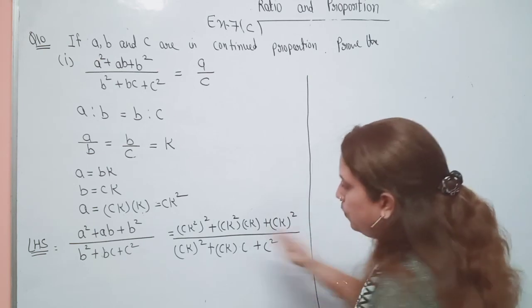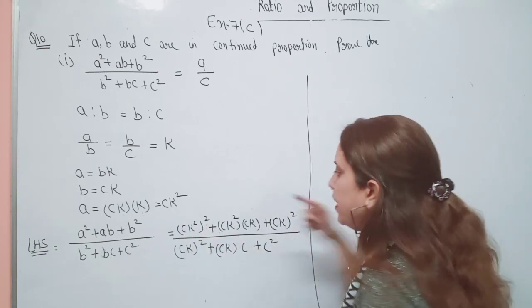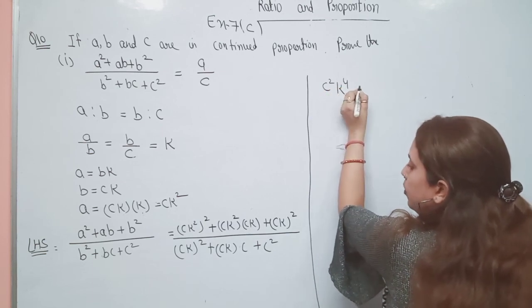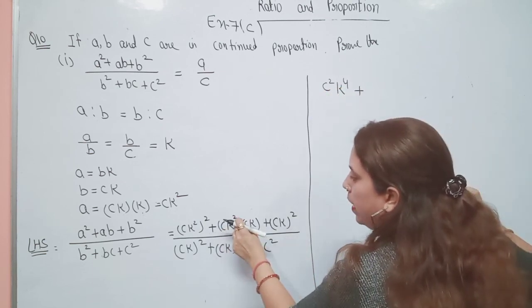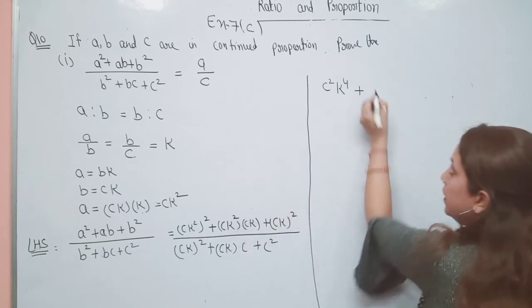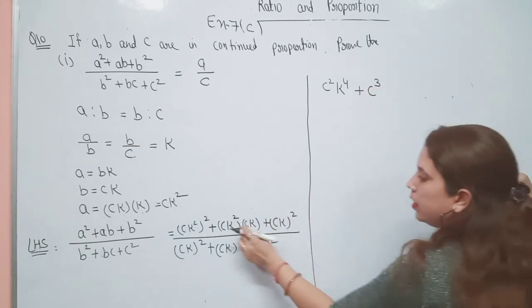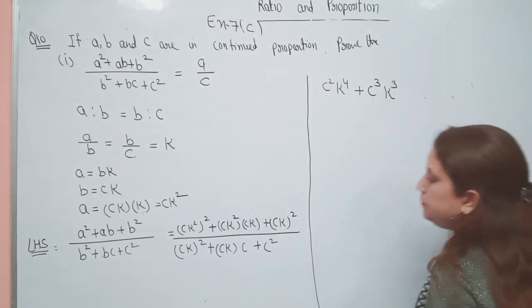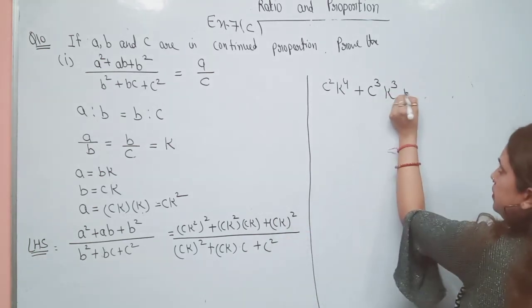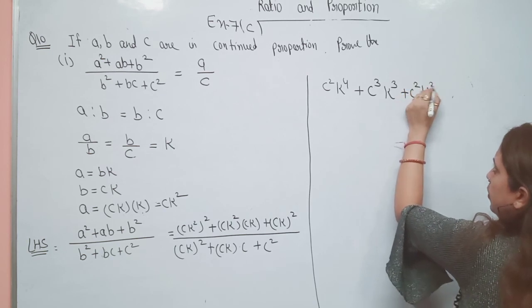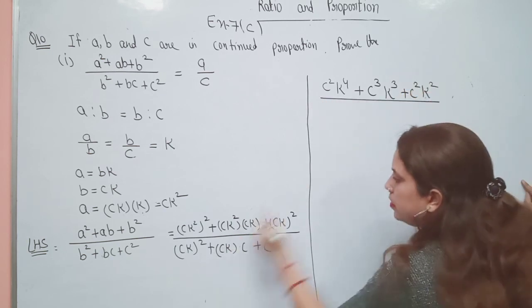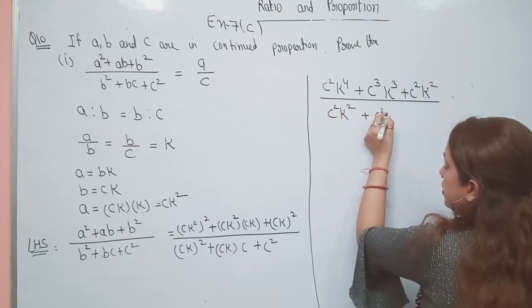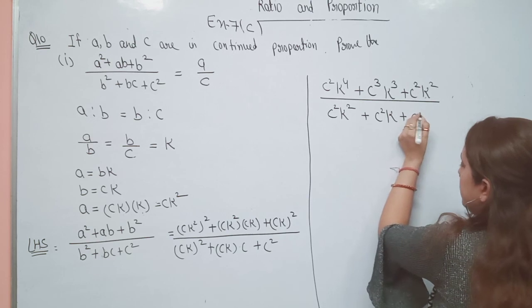Now solve for A square. So it will be C square K raised to the power 4 plus C square K cube plus C square K square upon C square K square plus C square K plus C square.